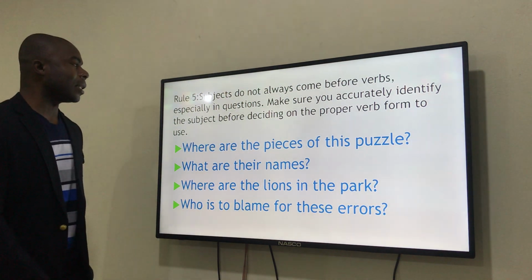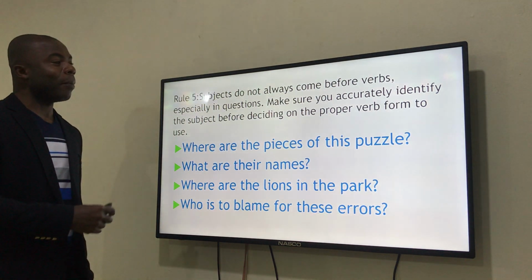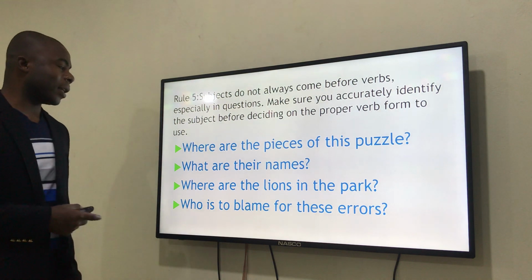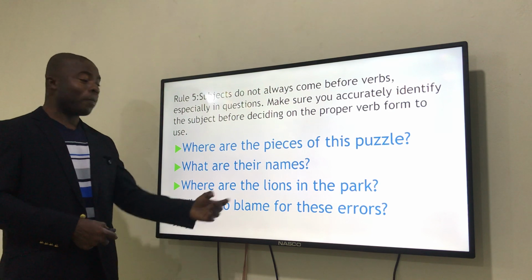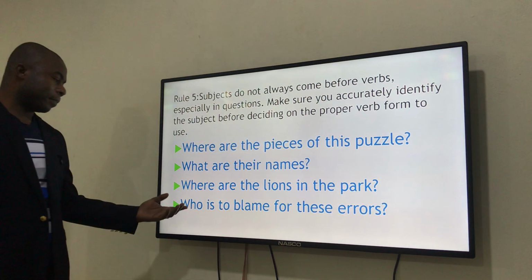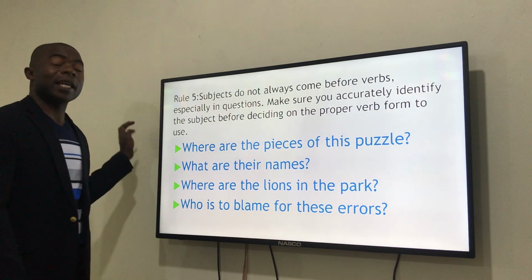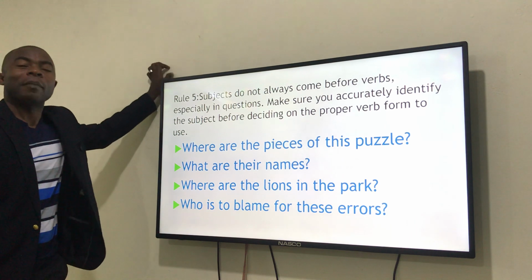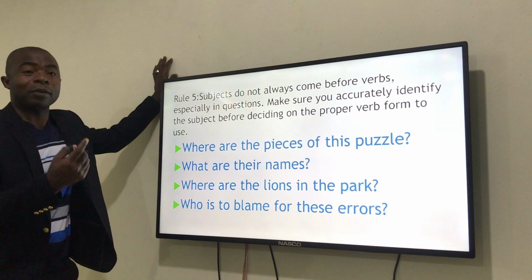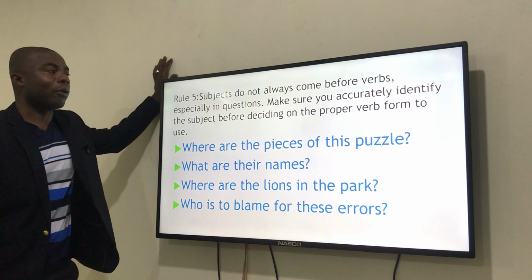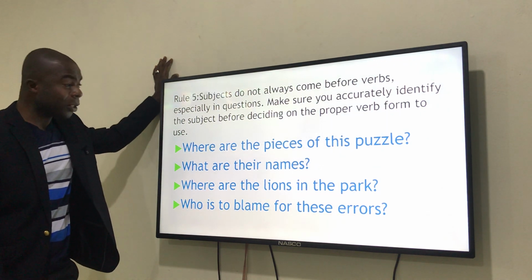So we have learned that subjects in questions usually come after the verb, or sometimes, of course, you may not have a subject at all, but the question word who, as we see in this case, can become the subject. And if it carries a singular verb, it means that what it refers to is singular. If it carries a plural verb, its reference or antecedent is plural. So that's rule number 5.